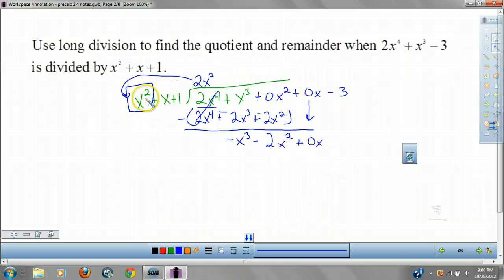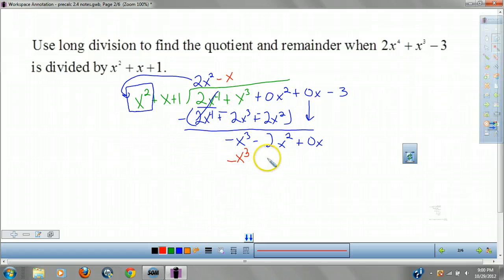Next thing I gotta ask myself is, how many times does x squared go into negative x cubed? Well, it goes in negative x times. Negative x times x squared is negative x cubed.